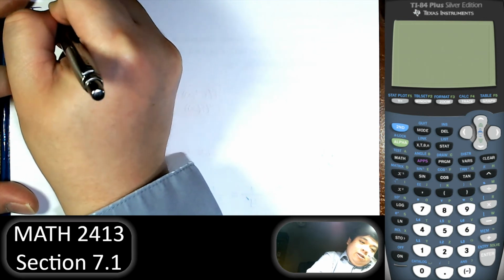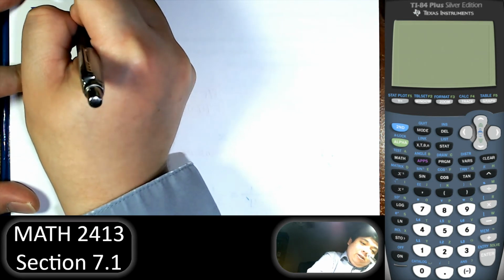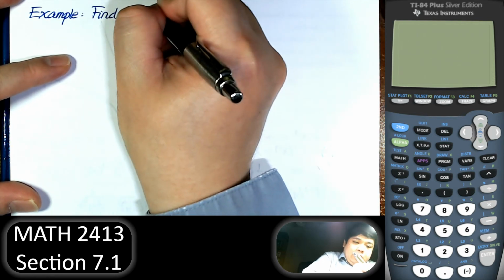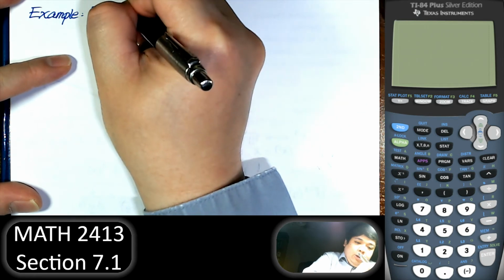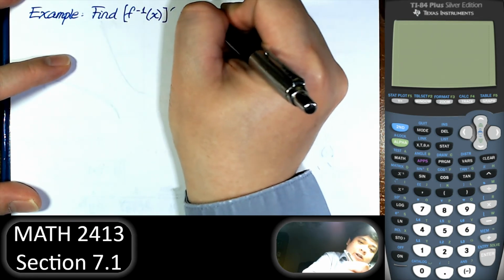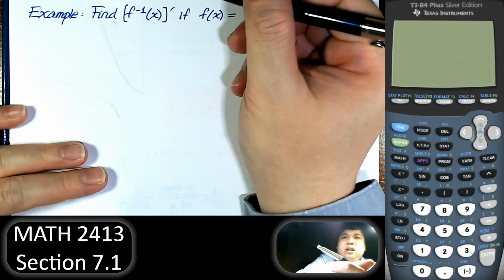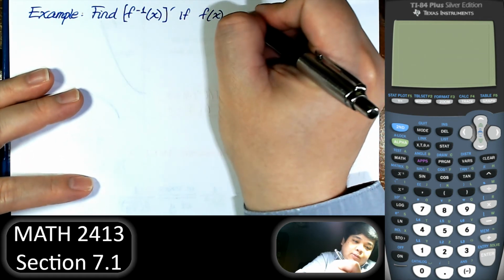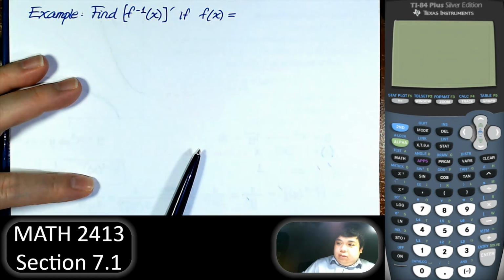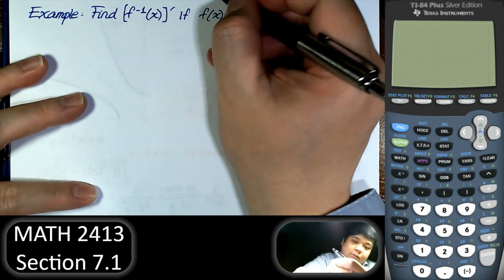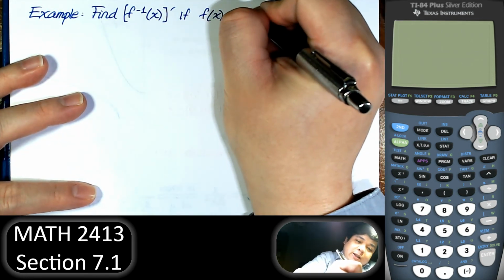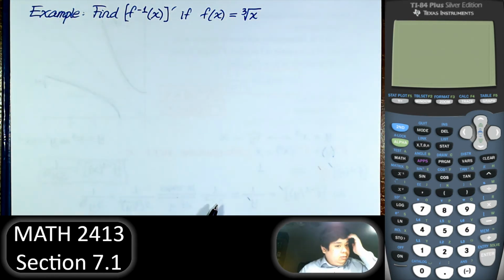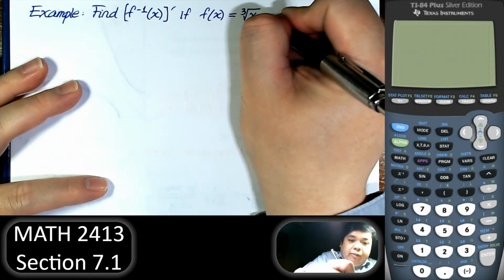Example: find the derivative of the inverse if the function is equal to, let's say we want to choose something that is 1 to 1, so let's say cube root of x plus 1.